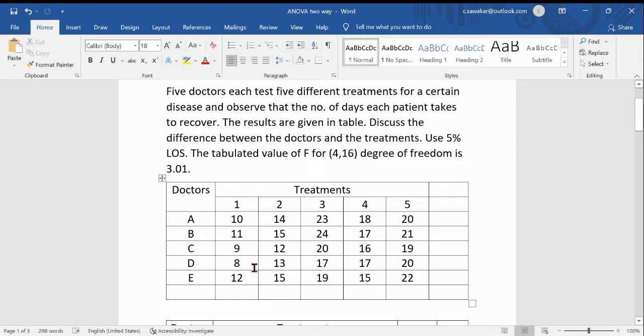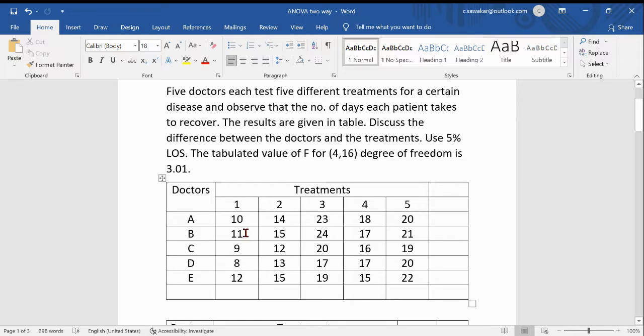These numbers are the number of days the patient requires to recover. If doctor A uses treatment 1, the patient takes 10 days to recover. If doctor B uses treatment 1, then a patient takes 11 days to recover.